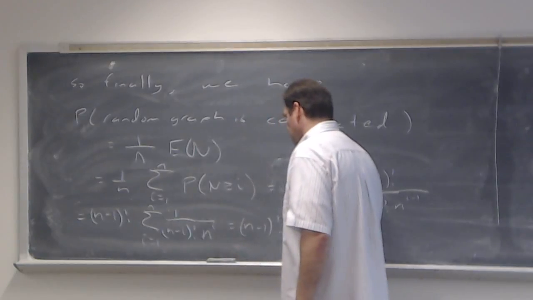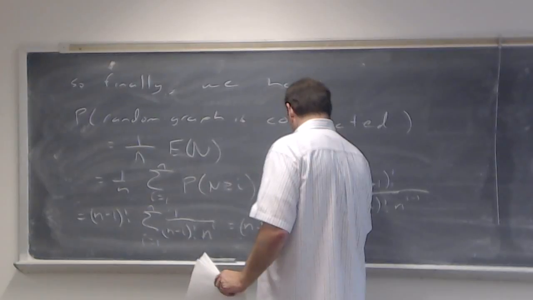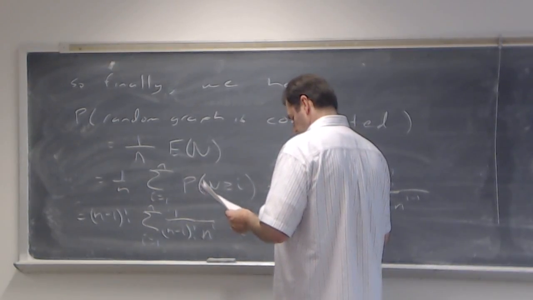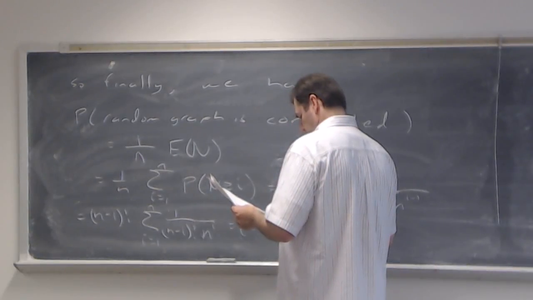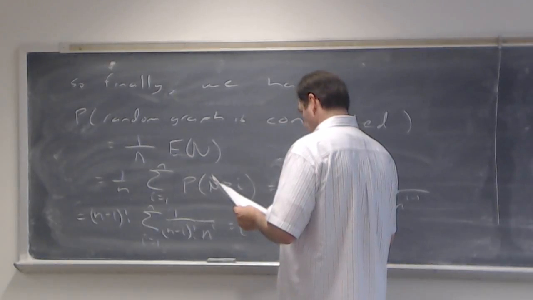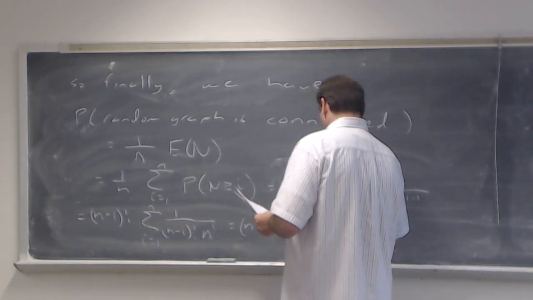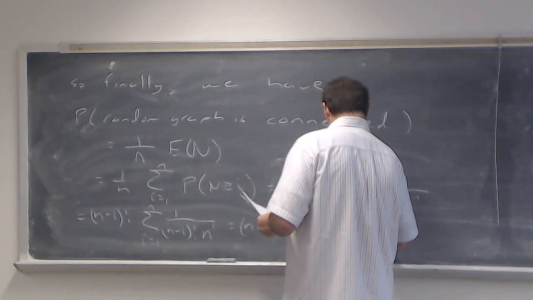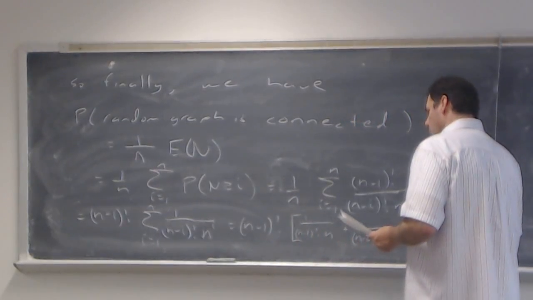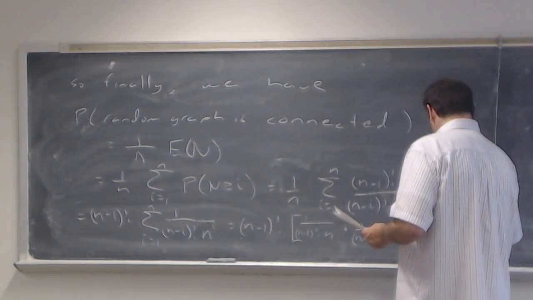When I is equal to 1, we have 1 over n minus 1 factorial n, plus 1 over n minus 2 factorial n squared, plus, what would be the last term? It would be 1 over 0 factorial n to the n.